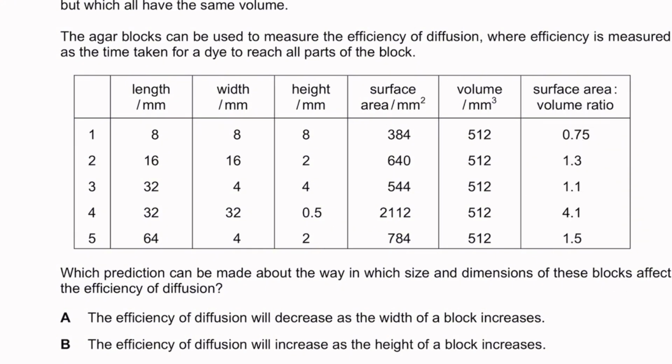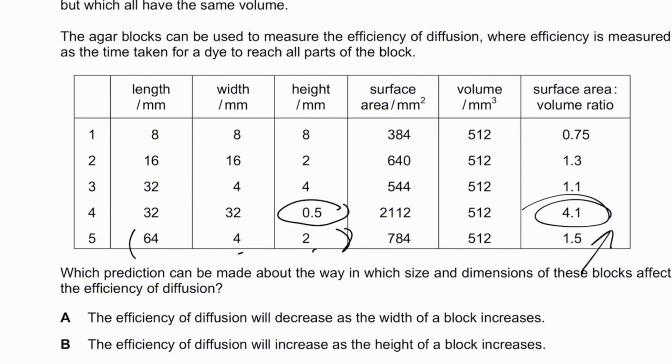Well, I know that when surface area to volume ratio increases, diffusion rate increases, and when you make the block size smaller, like here you can see the width is 4 and 2, you have a greater surface area to volume ratio, like here for example 4.1 when we had the smallest height. And so yes, the surface area to volume ratio increases when you decrease the overall size, and the diffusion increases when the surface area to volume ratio increases.